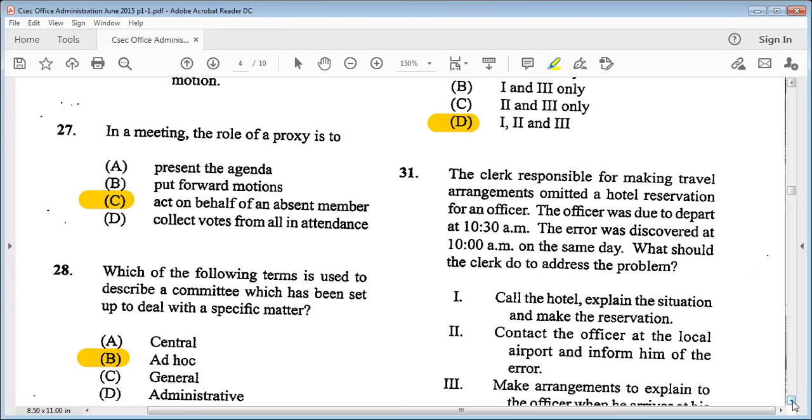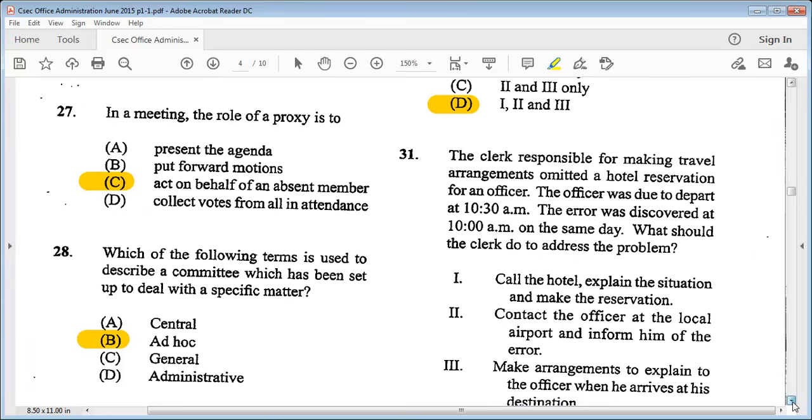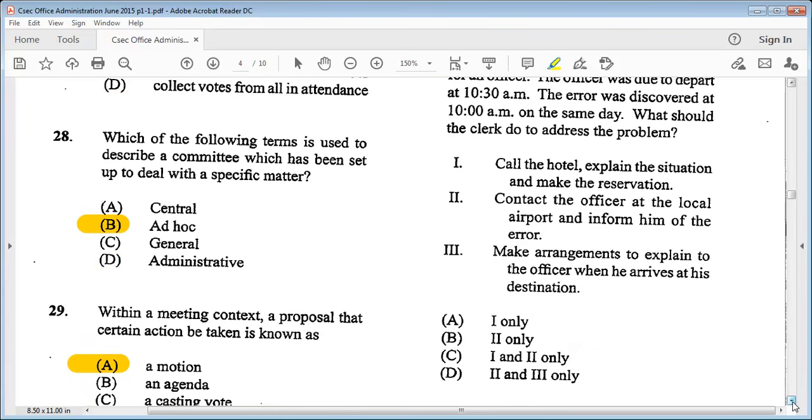Contact the officer at the local airport and inform him of the error. 3. Make arrangements to explain to the officer when he arrives at his destination. So is it A, 1 only, B, 2 only, C, 1 and 2 only, or D, 2 and 3 only?